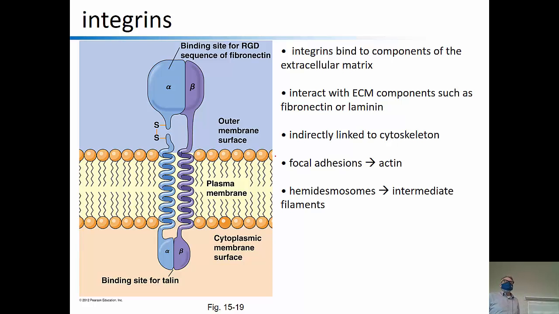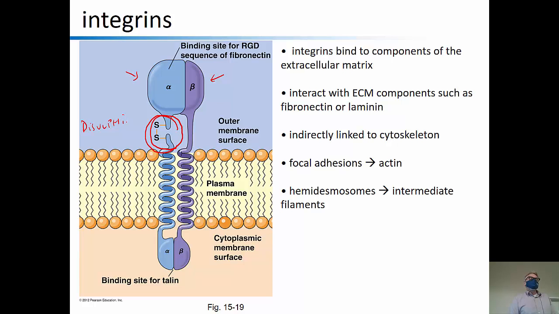So integrins are made up of an alpha and a beta subunit. And it's a transmembrane protein, okay? Interestingly, the alpha subunit undergoes a cleavage, and then it binds itself back to itself covalently using a disulfide bond.